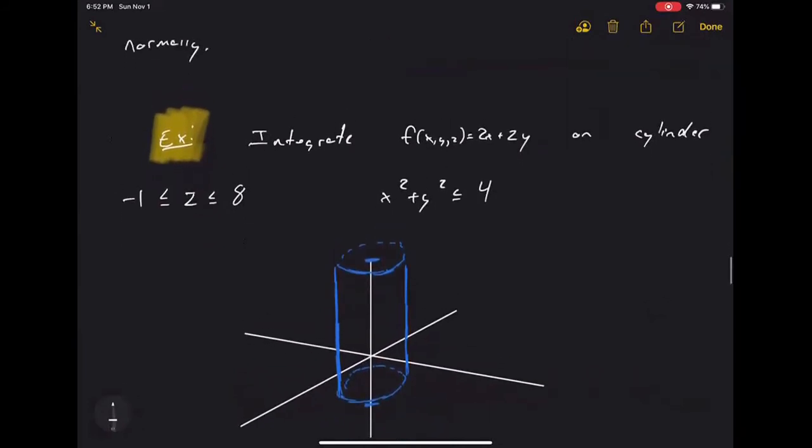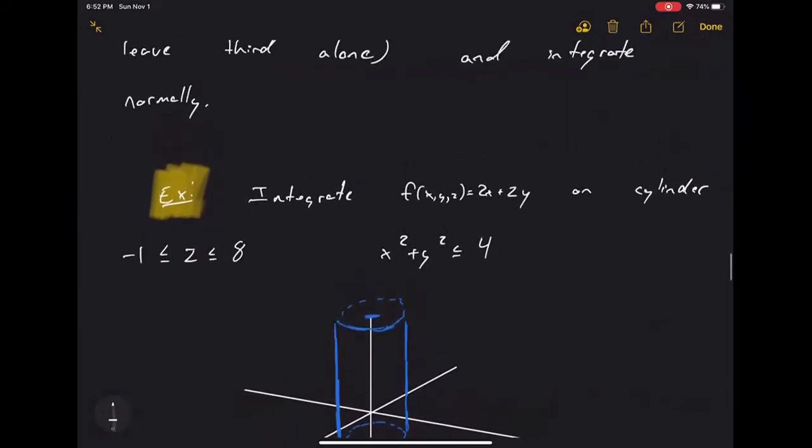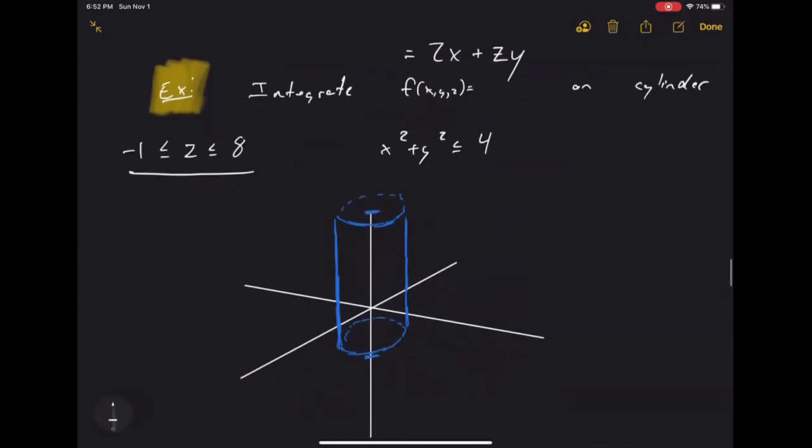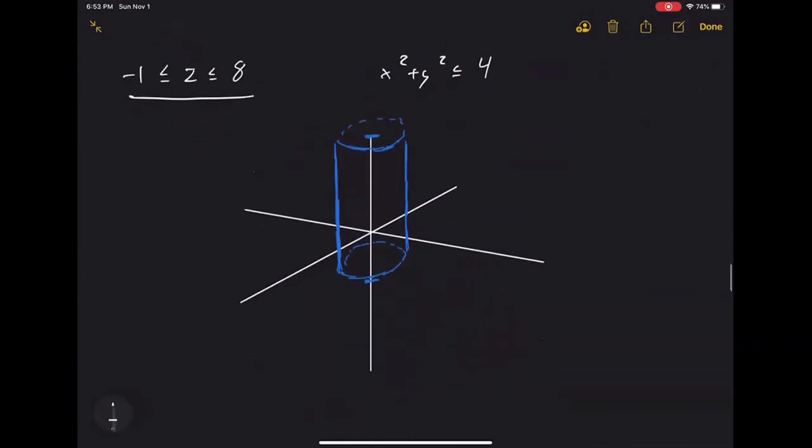How about let's try and integrate this function, 2x plus zy. How about I write my z's with a little line through them? My function is equal to 2x plus zy, and then what's my domain? How about the cylinder where z is between -1 and 8, and x squared plus y squared is less than or equal to 4.